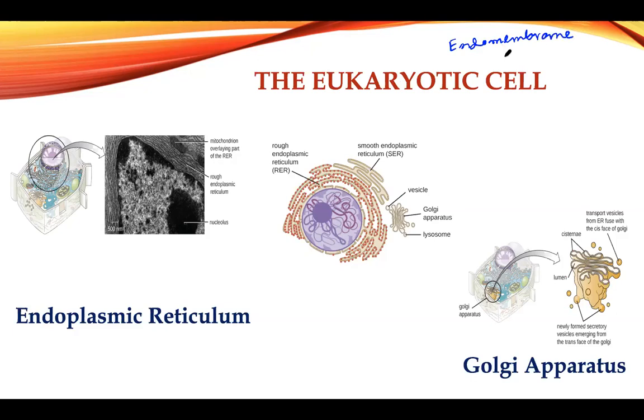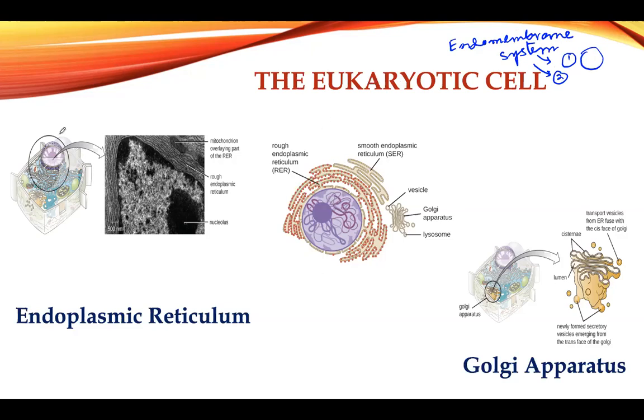This endomembrane system means all these structures are surrounded by membrane. That's one characteristic of the endomembrane system. The other characteristic is that all this membrane actually originated from the plasma membrane of the cell.